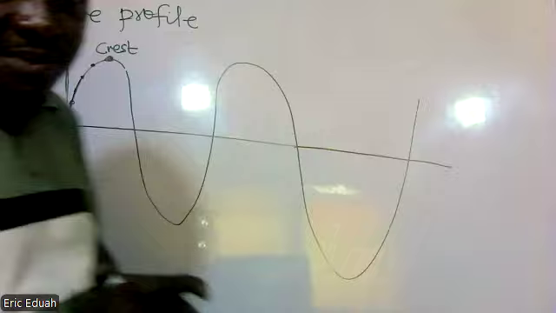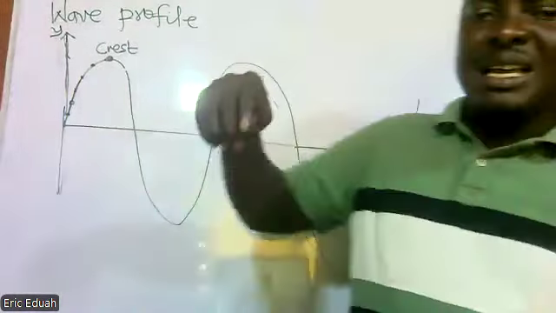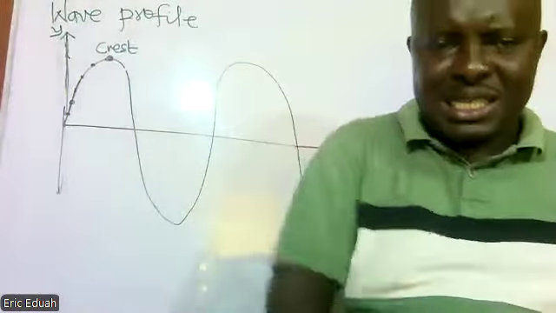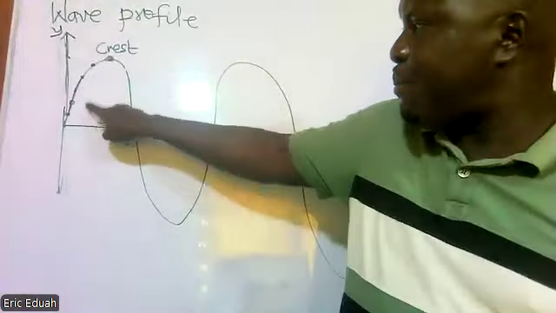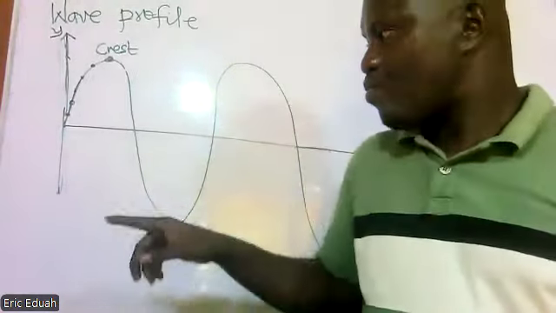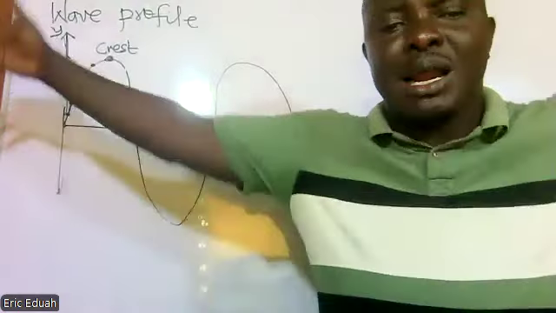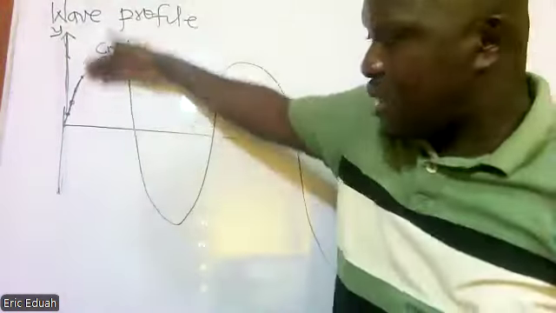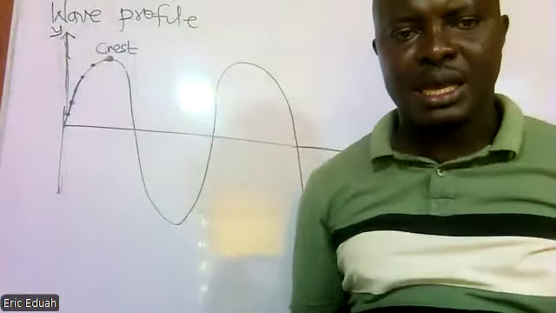So the crest is a maximum particle vibration. There are so many particles vibrating, but the maximum one upwardly is known as a crest.